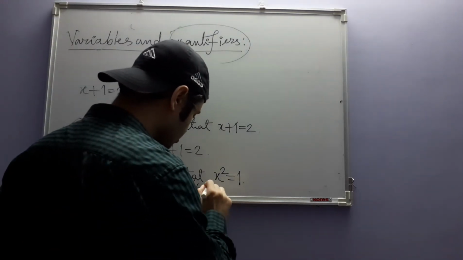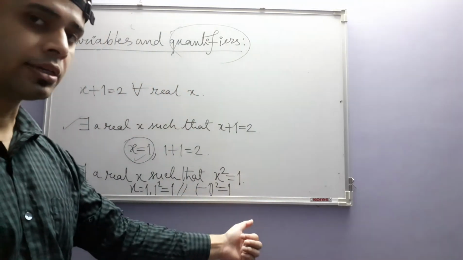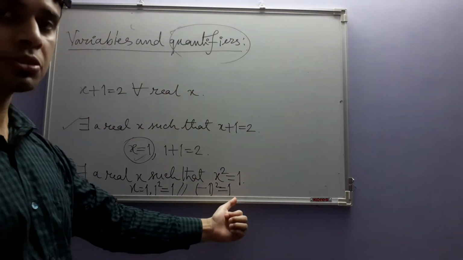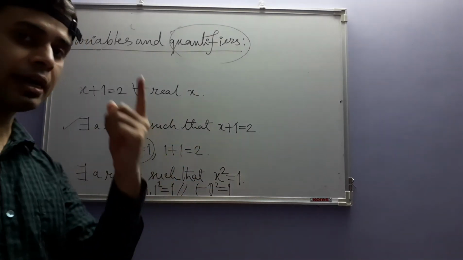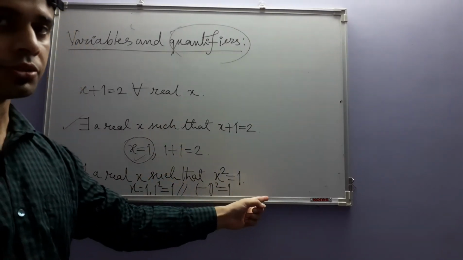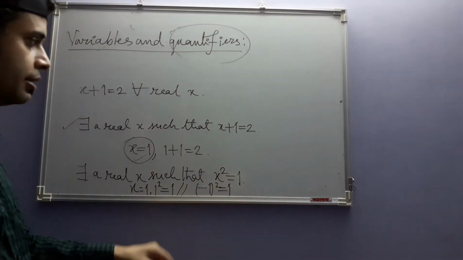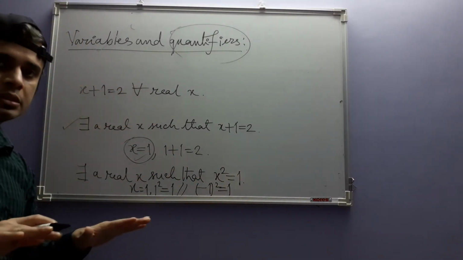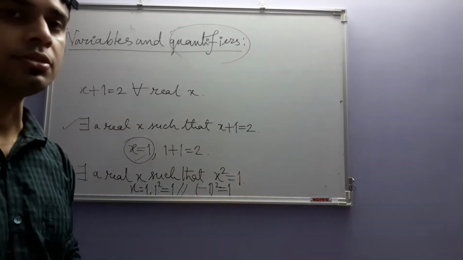Minus 1 whole squared is also equal to 1. So if someone takes x equal to minus 1 and says that minus 1 squared is equal to 1, that is also a proof. We just need at least one value. It is not asking us to find all the values for which this is true. Okay, at least one. So to prove an existential statement, you just need one example where the sub-statement is true.